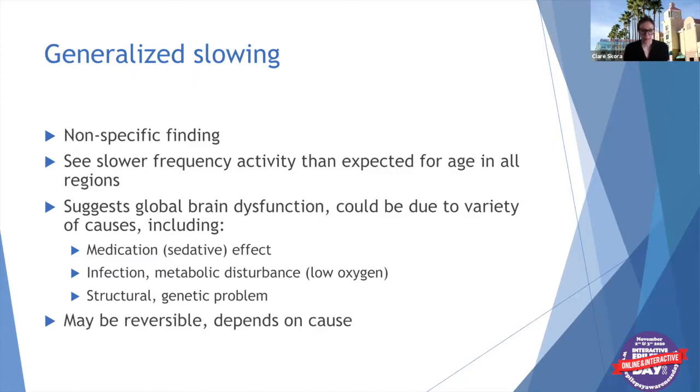And like I said, it may be reversible. It depends on the cause. And the EEG report may put something along these lines that, oh, generalized slowing is a non-specific finding, may be related to any one of these things. But unless the clinical situation of the child, it's hard to interpret what that means, especially for the neurologist who's reading the study and doesn't know your child. To make an interpretation sometimes can be hard.